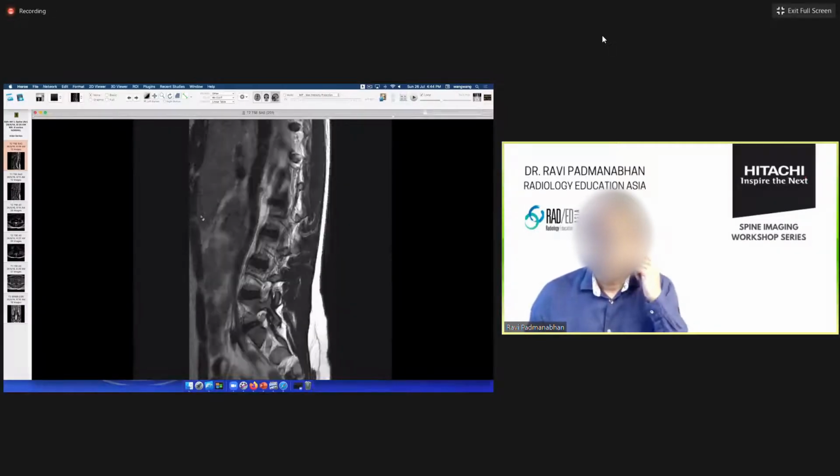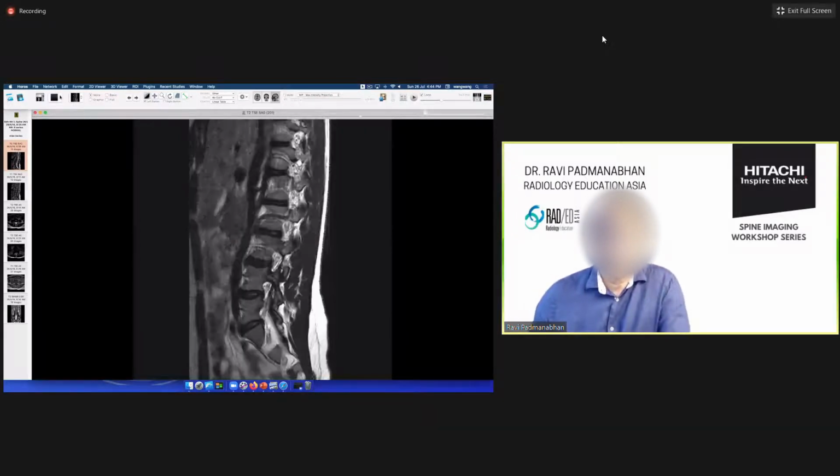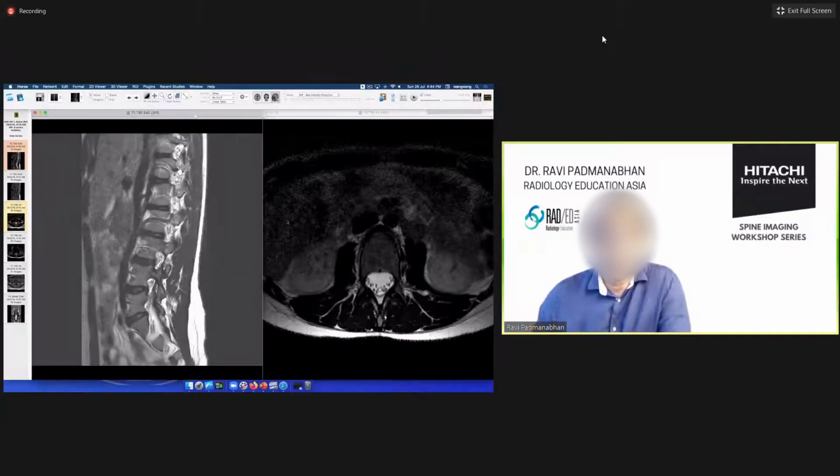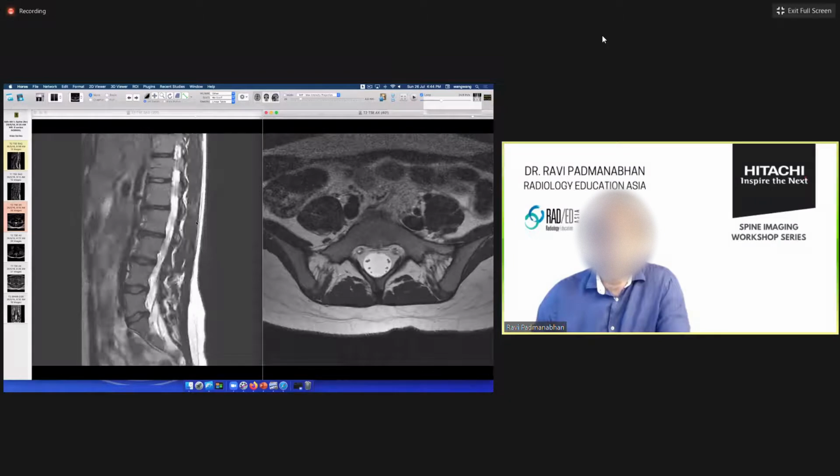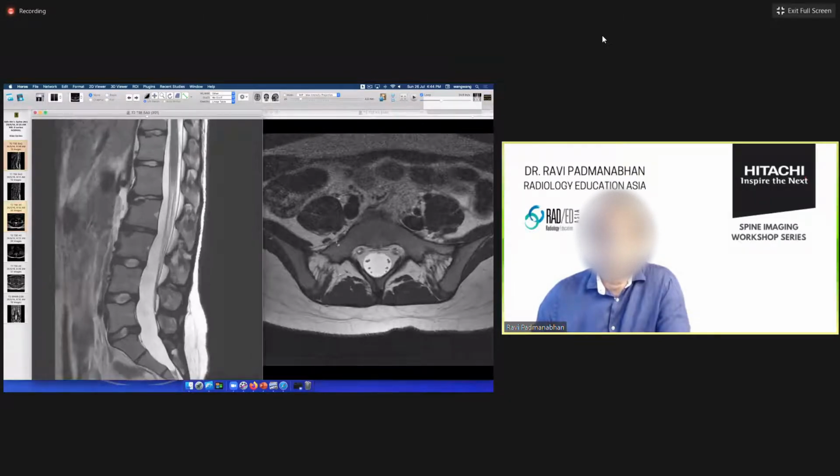Okay, so I'm just going to go through the normal anatomy of the locations of where these cysts can occur. So I just want to make sure everyone can see the DICOM screen. We've got two windows, sagittal and axial.